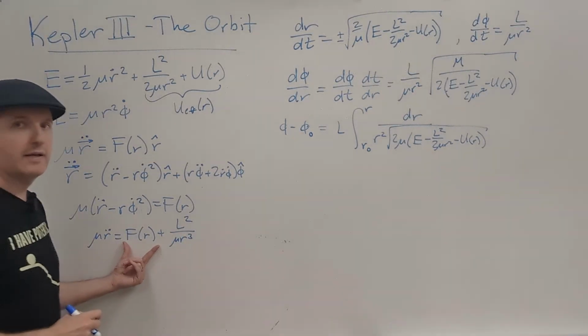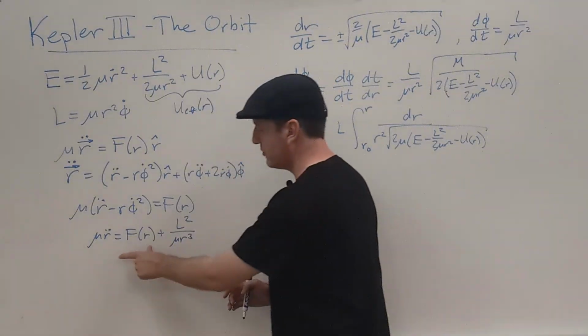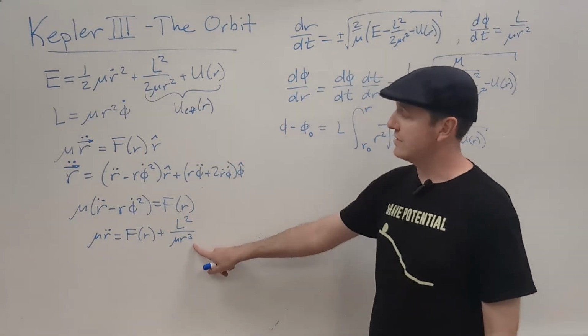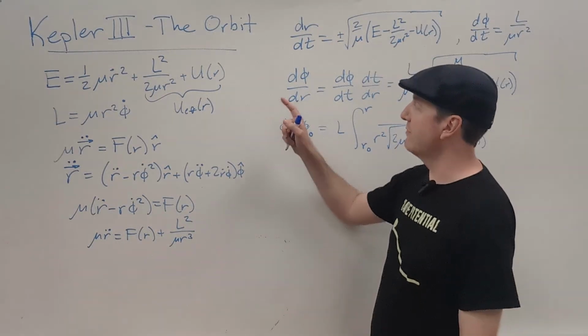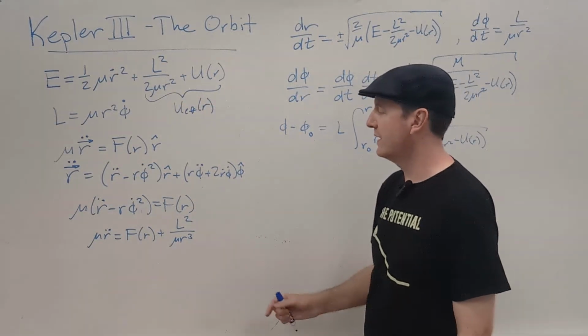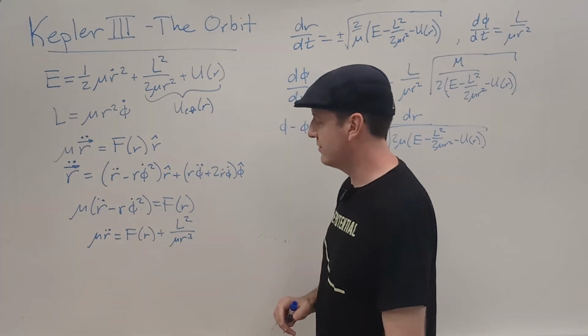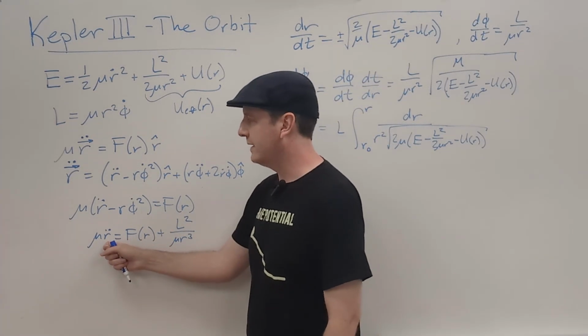Okay, and here we can see the actual force law showing up, and then there's that centrifugal force as promised. Notice it's a 1 over r cubed force because it came from a 1 over r squared potential. And this is a second order differential equation in terms of r.